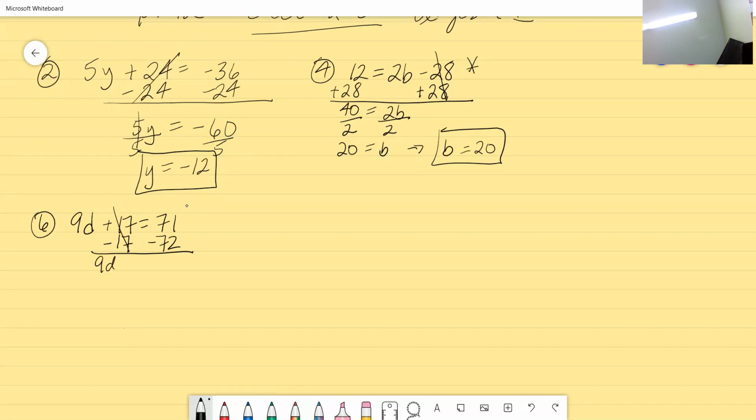This becomes 9d equals, that is not, y'all, I've been crazy like this all day, 71 minus 17. 11 take away 7 is 4, 6 take away 1 is 5. It's not negative. Okay, so then we do the inverse of multiplication to both sides. So we divide both sides by 9, and we're left with d equals 6.